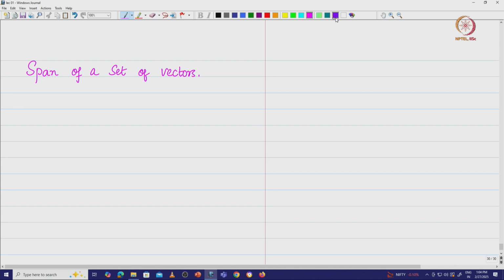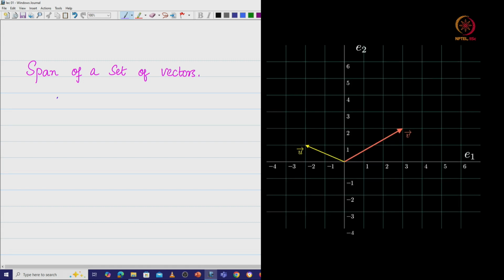The span of a set of vectors is nothing but, suppose you have u1, u2, etc., uk be k vectors. I do not really know whether they are going to be linearly independent or dependent. I am just going to say these are k vectors, n component vectors.